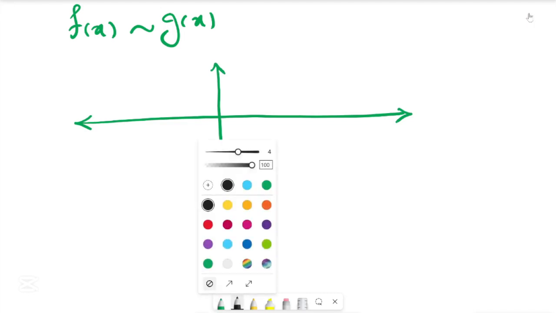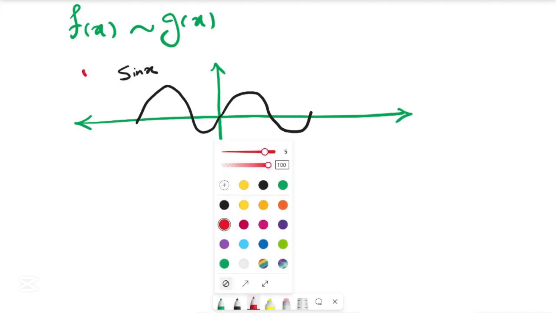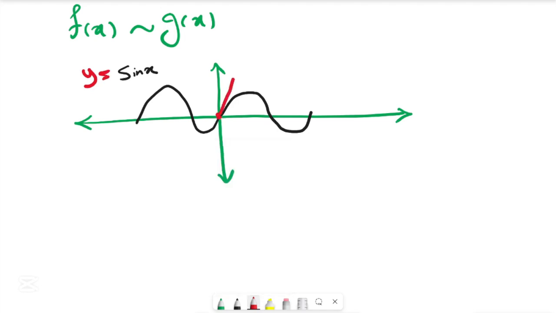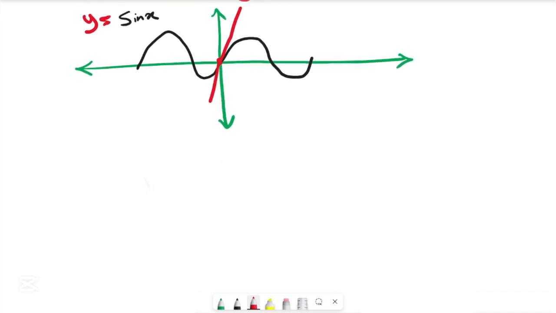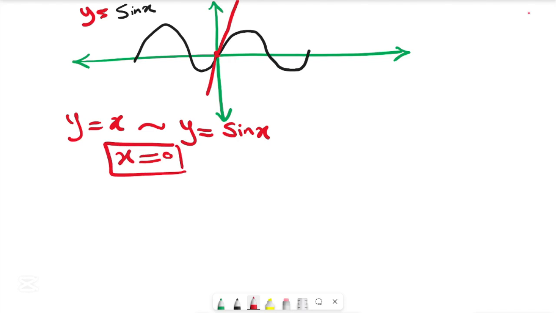Consider that this is sine x, and that is y equal to x. We say y equal to x is equivalent with y equal to sine x at x equal to 0, because they intersect and they are also connected together at x equal to 0.